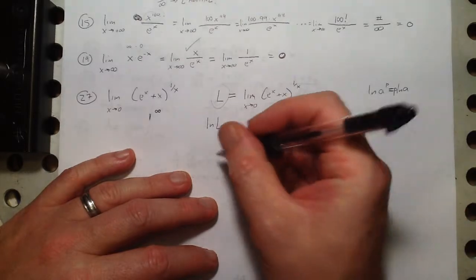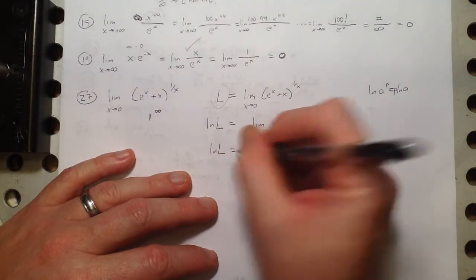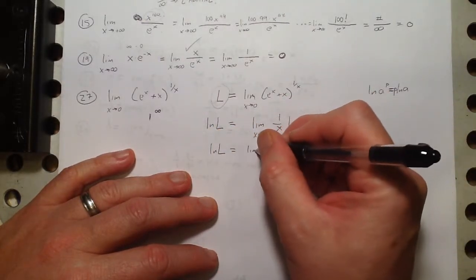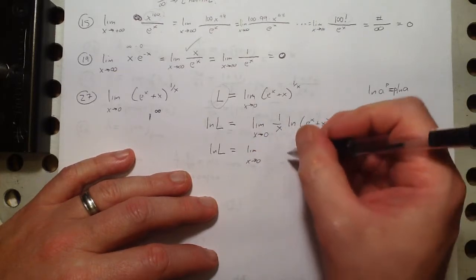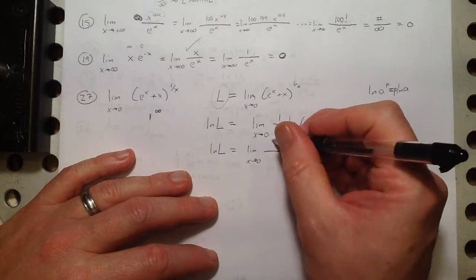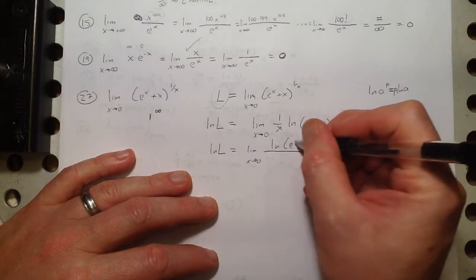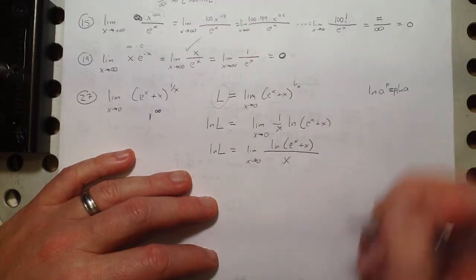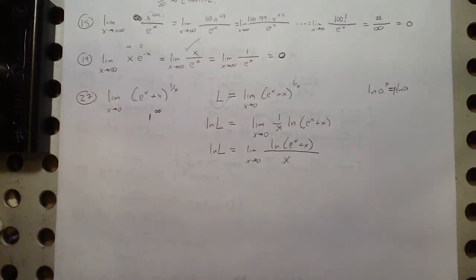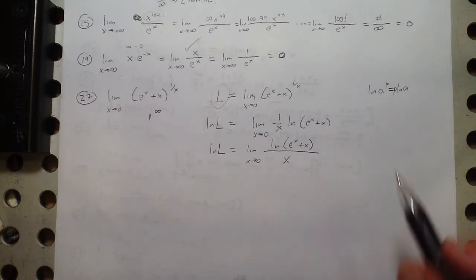Now that I've got that, one over x times that, so I can write that as the natural log of e to the x plus x, all over x. Now I should check to make sure that this turned it into a L'Hopitalable form.